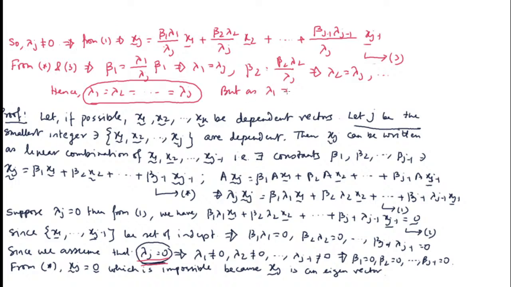As lambda 1 not equal to lambda 2 not equal to lambda j, the above relations hold if and only if beta 1, beta 2, beta j minus 1 should be 0.